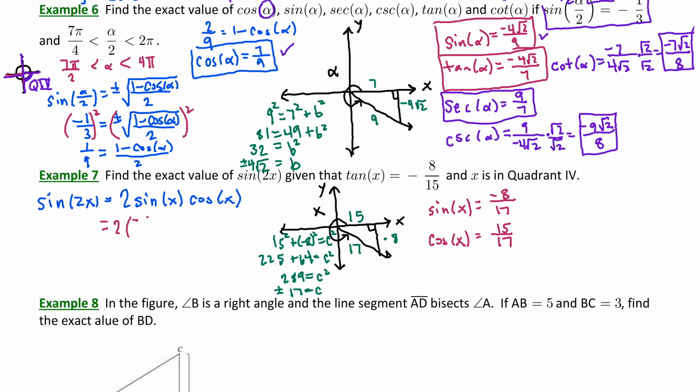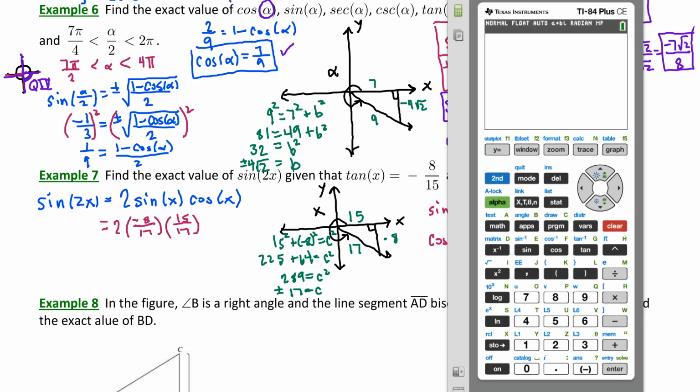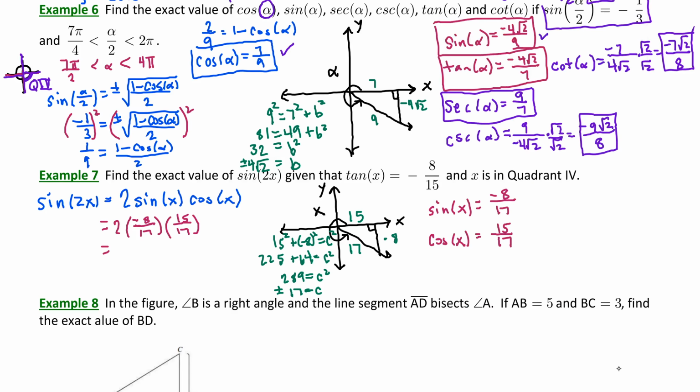Sine of x is negative 8/17, and cosine of x is 15/17. I'm just going to use my calculator to find the product of those fractions at this point. 2 times negative 8/17 times 15/17, and I'm going to let the calculator reduce it as well. We end up with negative 240 over 289.